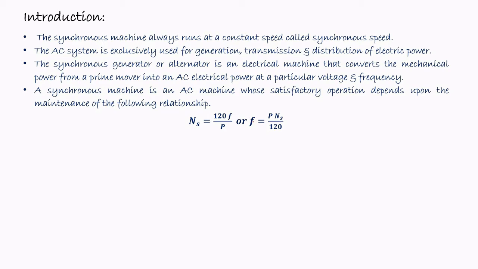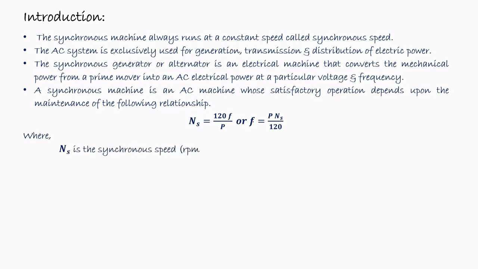Now the frequency should be constant, therefore the speed of the rotor will always be constant. Therefore the synchronous generator, which is also considered as the alternator, is particularly used in different power stations to generate electrical power.